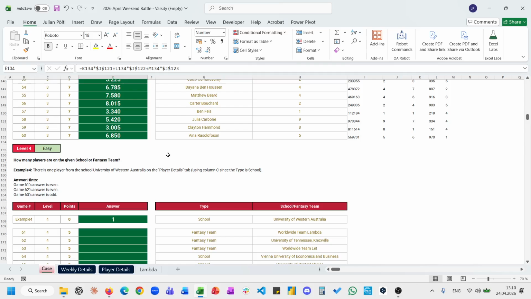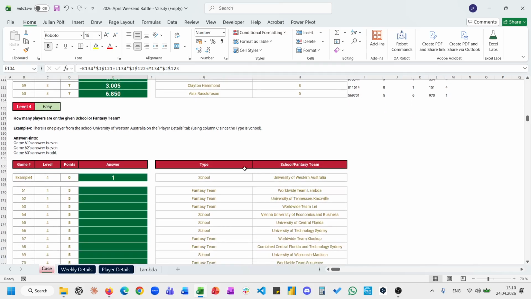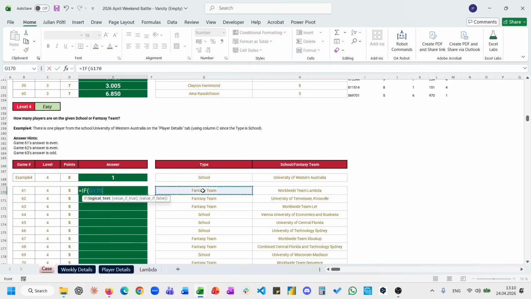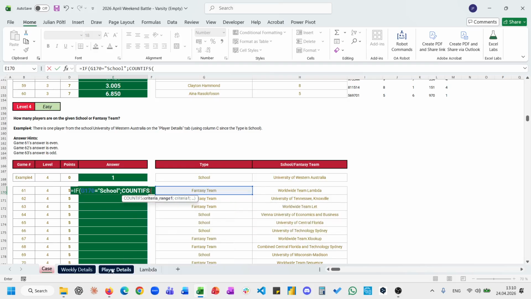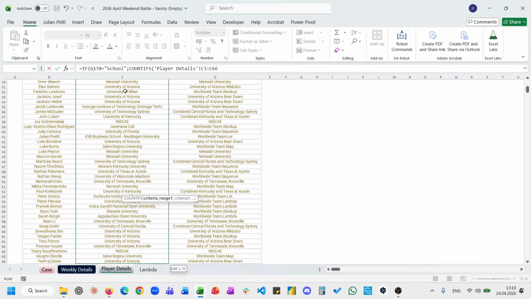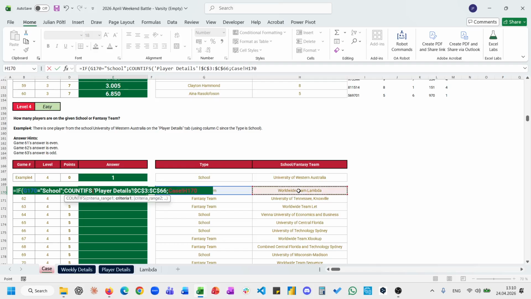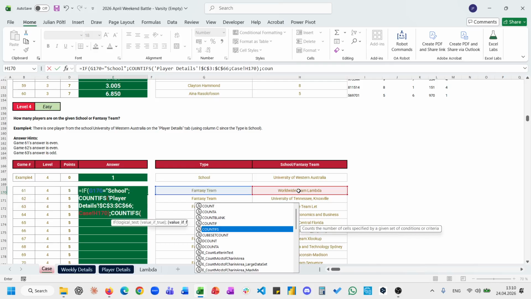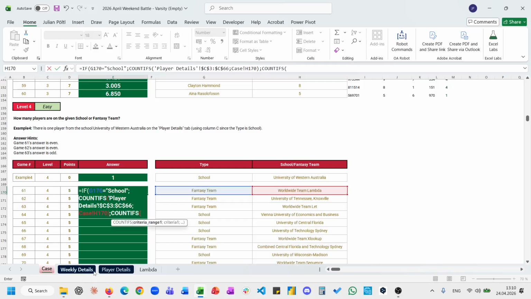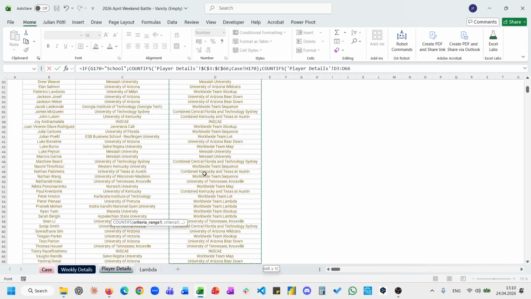How many players are on the given school of fantasy team? So if this equals school, then COUNTIF S, otherwise COUNTIF S for the fantasy team.